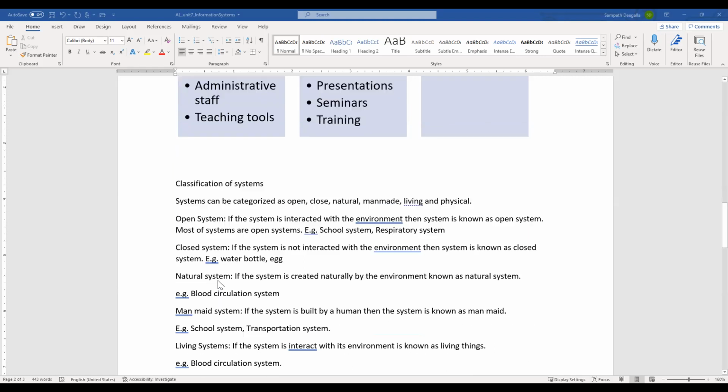If the system interacts with the environment, then it is known as an open system. Most systems are open systems. The school system, for example, interacts with the environment, so we call it an open system. A closed system does not interact with the environment.